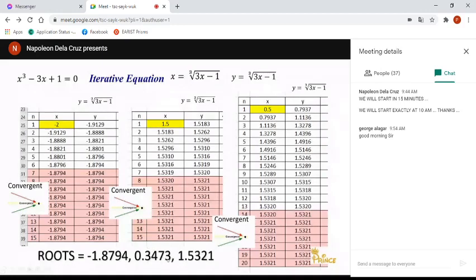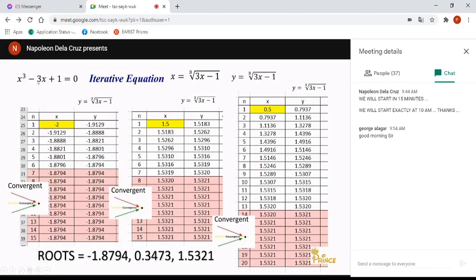Ulitin natin, nakuha natin dito sa iterative equation number 2, nakuha natin kanina sa iterative equation number 1. So, you have now the roots, negative 1.8794, 0.3473, and 1.5321. Ayan yung tatlong root nito.